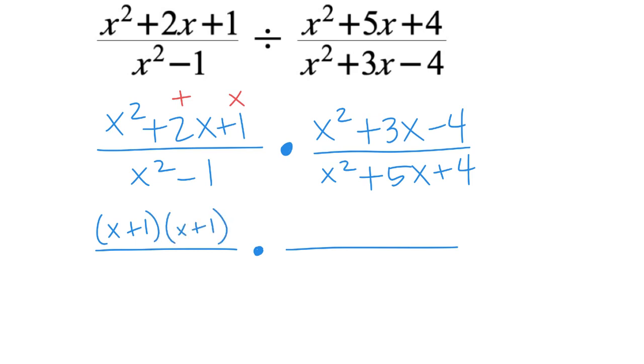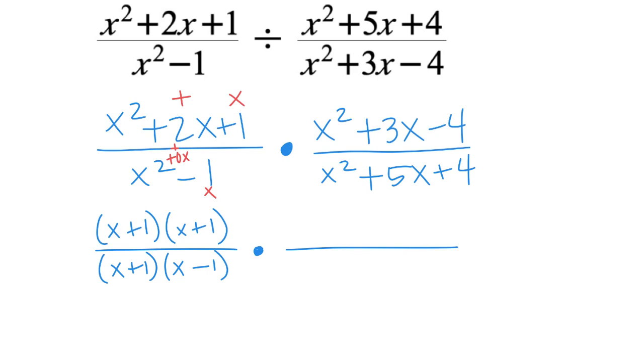Okay, on the bottom of that fraction, I'm multiplying to be a negative 1, but this one looks kind of weird. There's 0x in the middle, so I'm adding to be a 0x, multiplying to be a negative 1. So that would be an x plus 1 and an x minus 1, because 1 times negative 1 would be negative 1, and 1 plus negative 1 is 0.